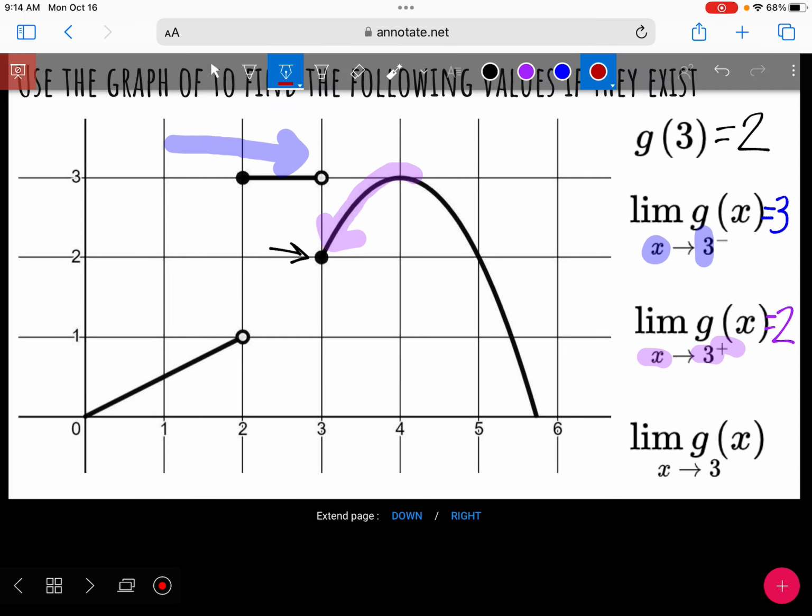What is the limit as x approaches 3? If it's 2 different values, the limit does not exist. The limit does not exist.